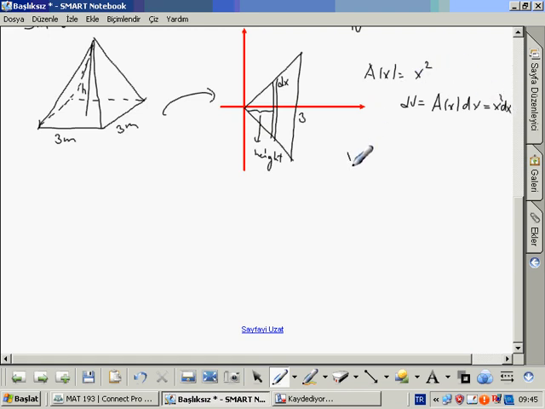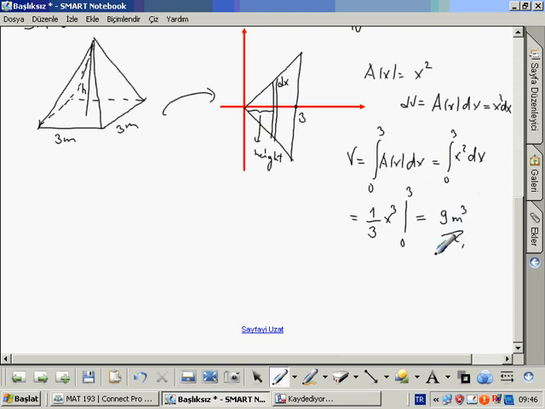The volume equals the integral from 0 to 3, this point is 3 as you see, of A of x del x, which is the integral from 0 to 3 of x squared del x. So it equals 1 over 3 x cubed from 0 to 3, which equals 9 cubic meters. That's the result for the square pyramid's volume.